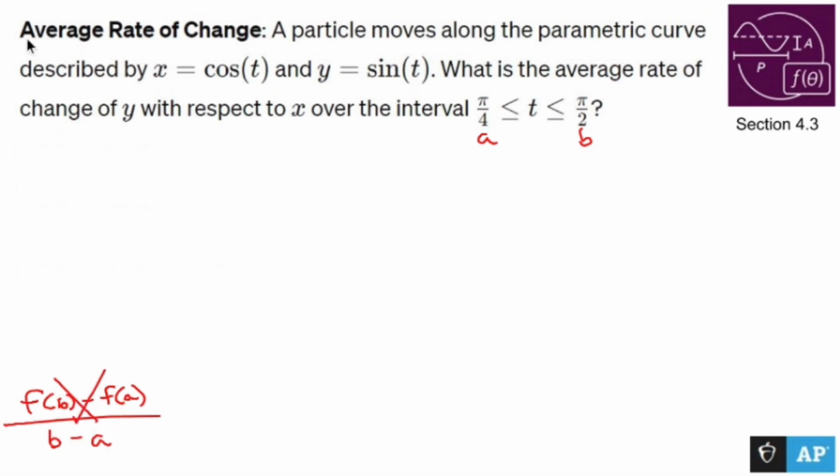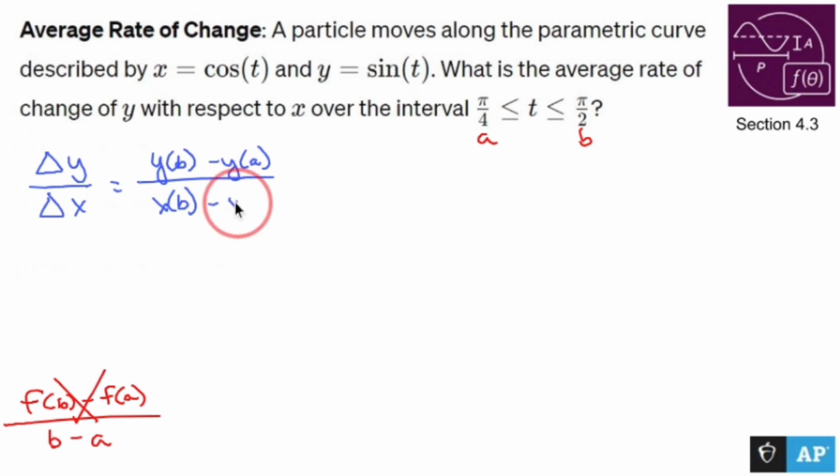What we're going to do is go back to the old school definition of average rate of change, which is the same exact thing as slope: the change of y over the change of x. So we'll use that concept: y of b minus y of a over x of b minus x of a.